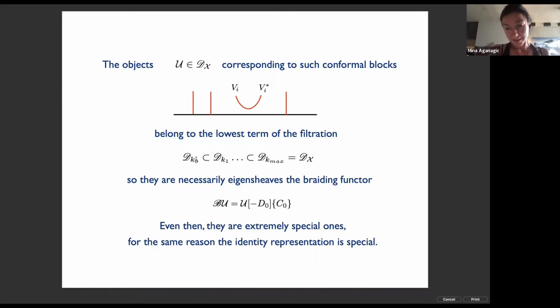Since the objects associated to caps necessarily live in the lowest term of the filtration, this has nothing to mix up with. So they're necessarily eigensheaves of the braiding functor. So on them, braiding has to act only by degree shifts. And moreover, it acts by the degree shifts which we computed from conformal field theory.